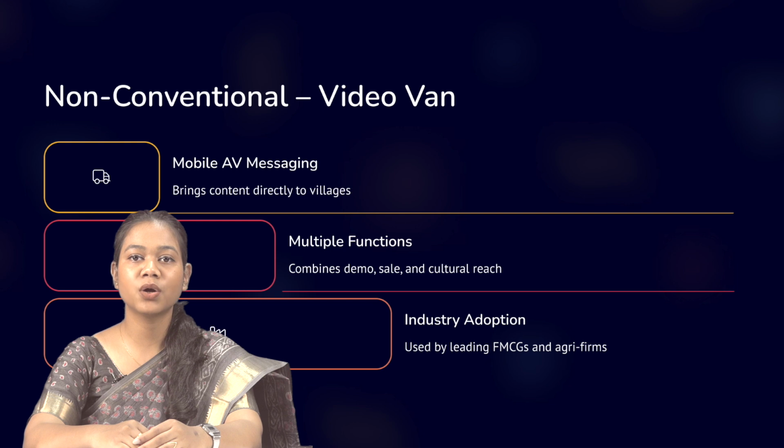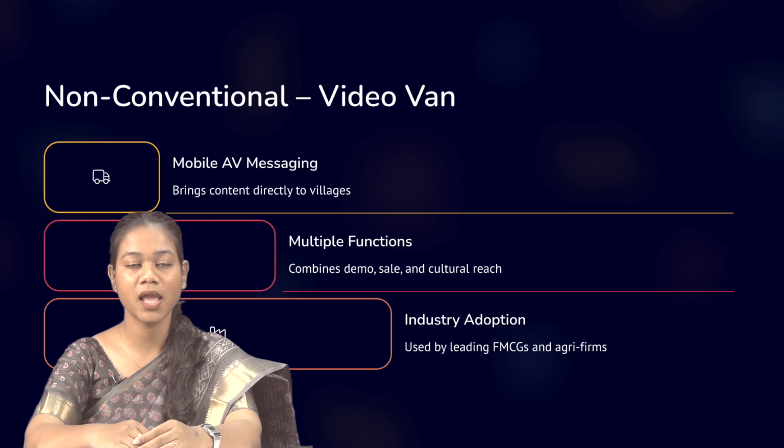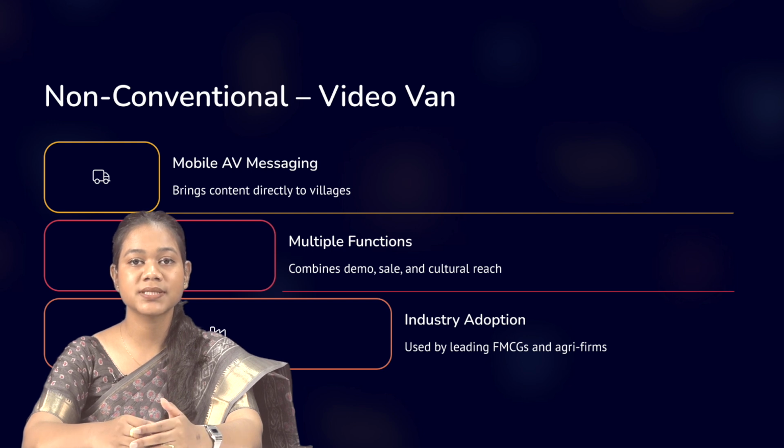The use of video vans has been crucial for executing promotional efforts in rural regions. Many prominent companies such as Tata Tea, LG, Marico, Colgate, TVS and nearly all the agricultural input firms have effectively used this communication tool. Video vans allow companies to convey tailored messages using both audio and video in any required language directly to the targeted audience.